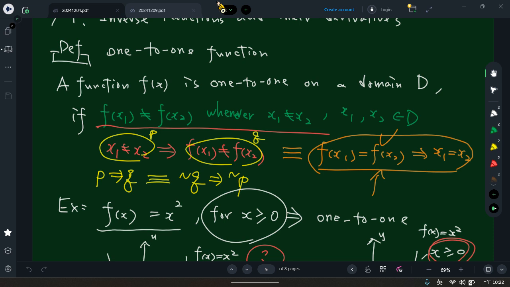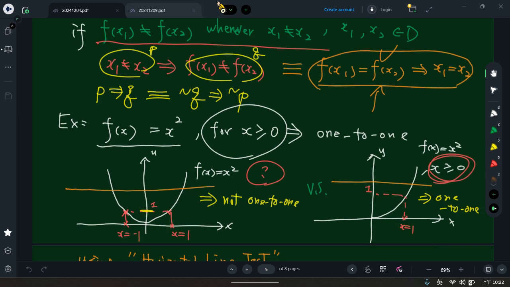This is the first part, and I also gave you an example: if we follow the original function f of x equal to x squared without any constraint, its original domain should be negative infinity to positive infinity. So in this case, the function will just look like this one.